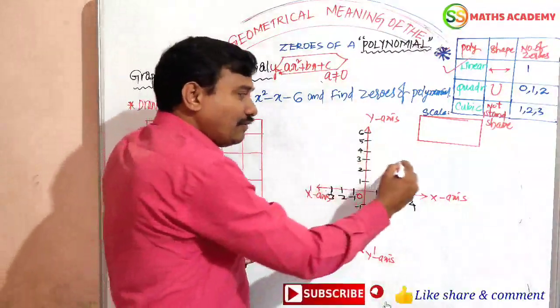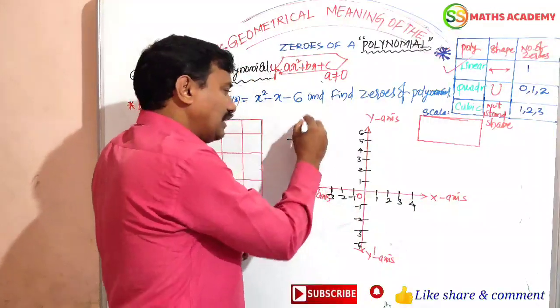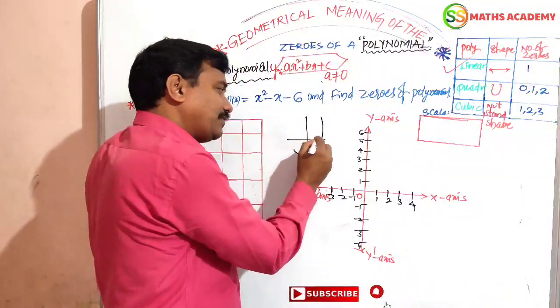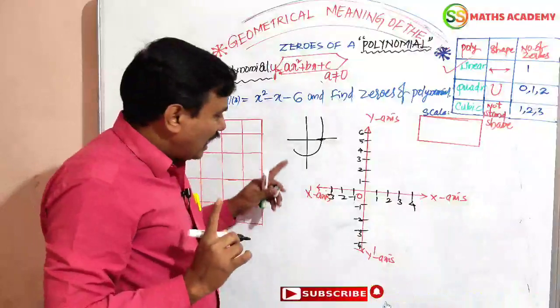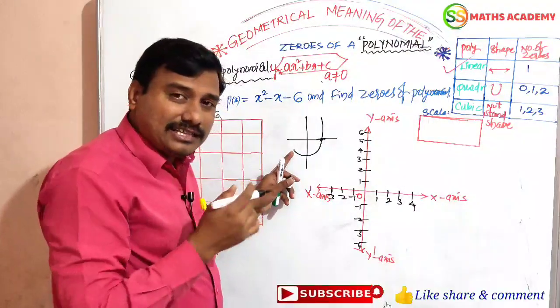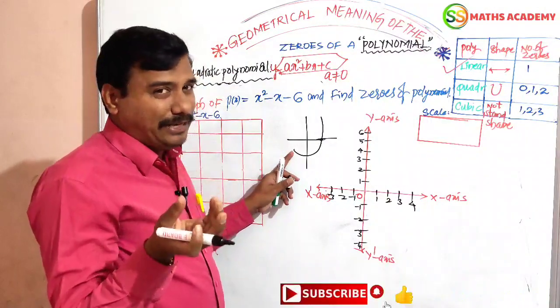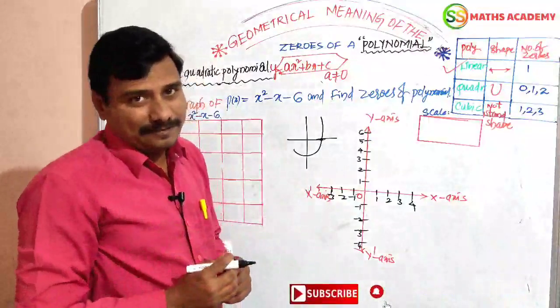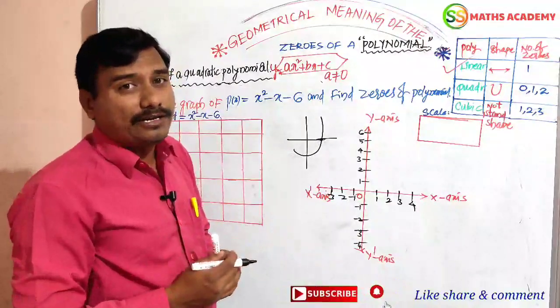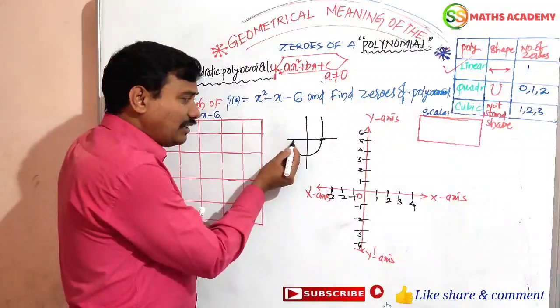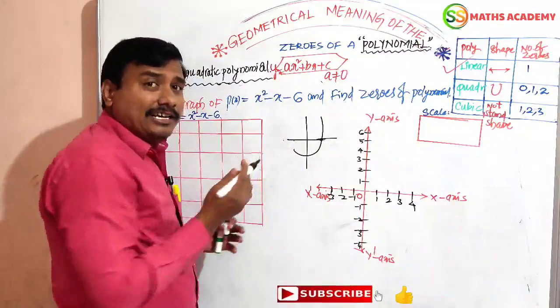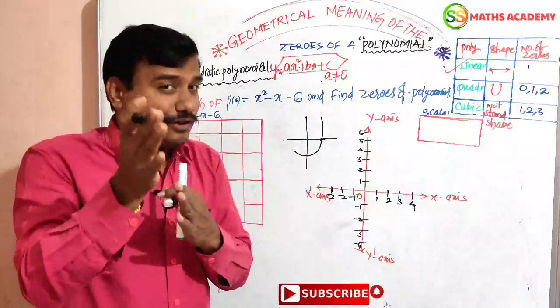This graph, suppose, will meet like this at one place only, and up to here only we are getting the points. The graph is not giving the complete meaning. What about the next intersecting point? Where is it? It is not clear information for you.